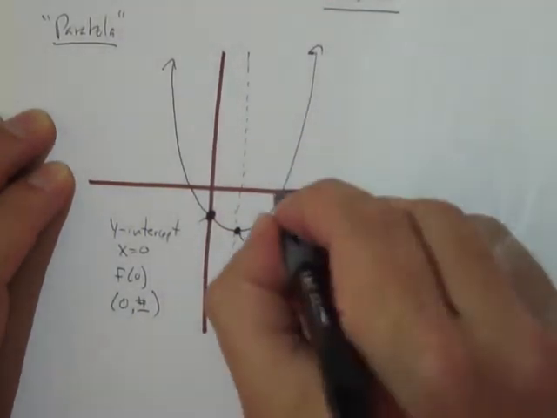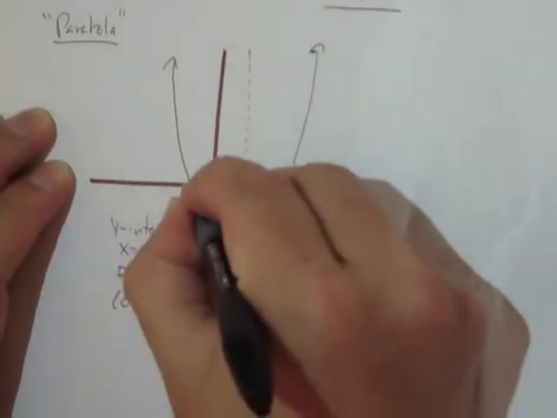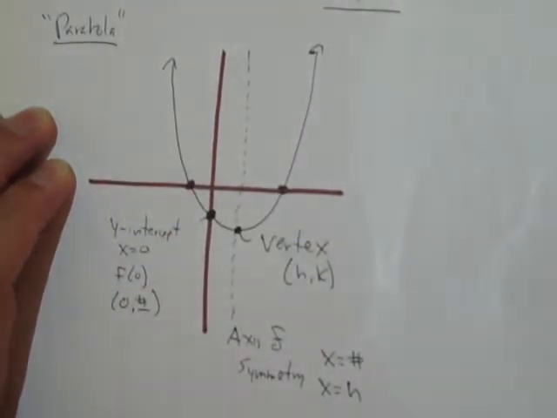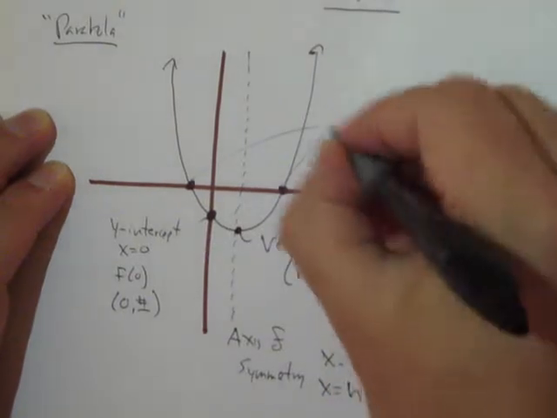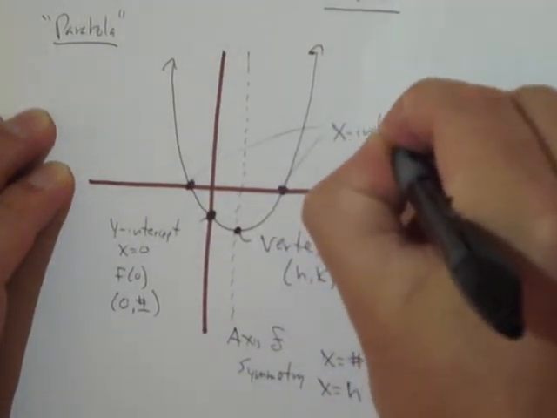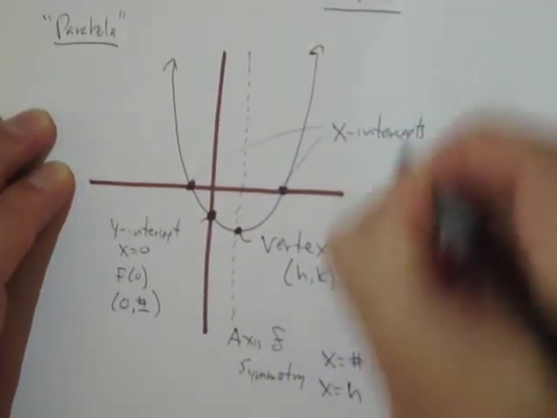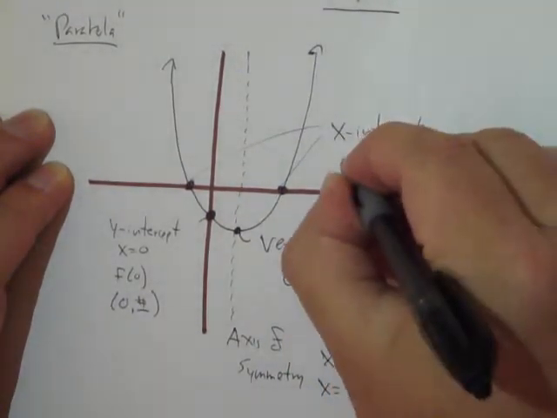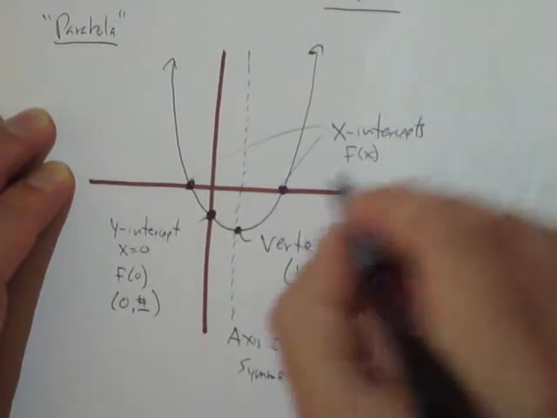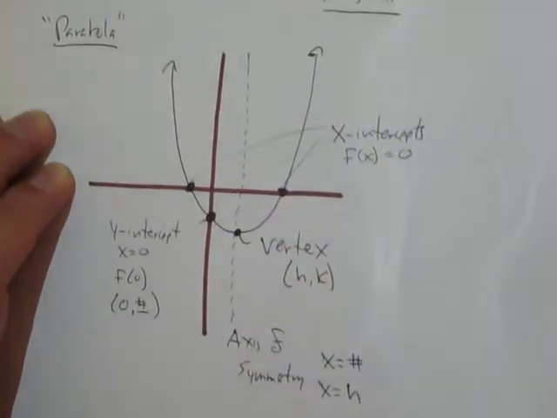Last thing we've got to look at are these points right here. We should remember these are the x-intercepts. These are the points where some x value goes in and a 0 comes out.